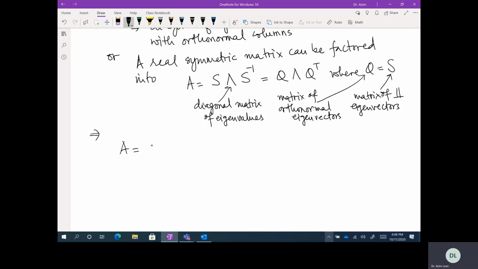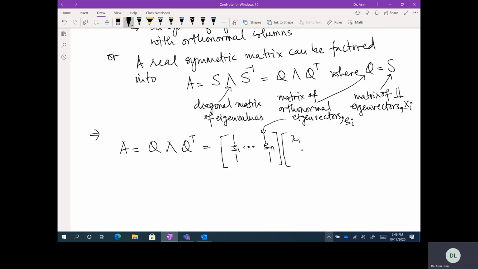Okay, so this means A, which is equal to Q lambda Q transpose, is simply, maybe I call these E1 now. Let me call them E1 to En. So these are orthonormal eigenvectors. These are actually Xi, these are Ei.